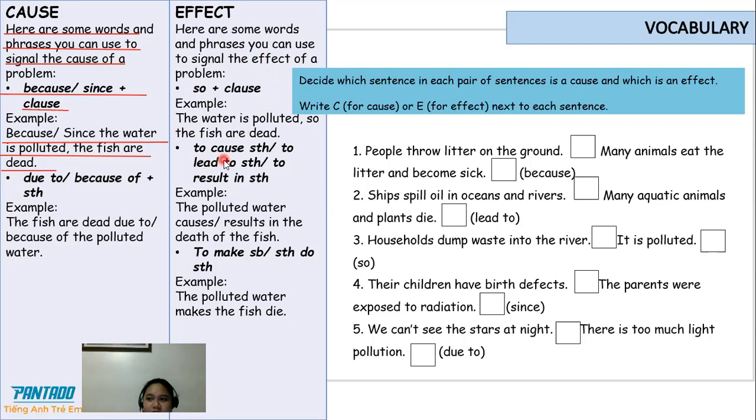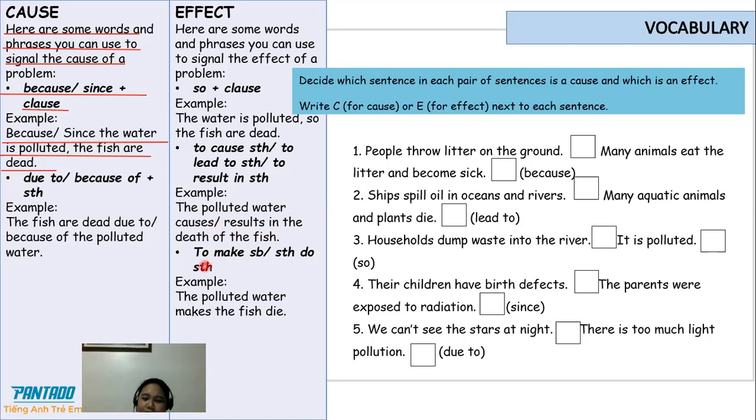This one: to cause something, or to lead to something, or to result in something. For example, the polluted water causes or results in the death of the fish.